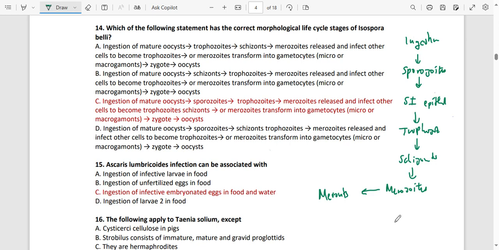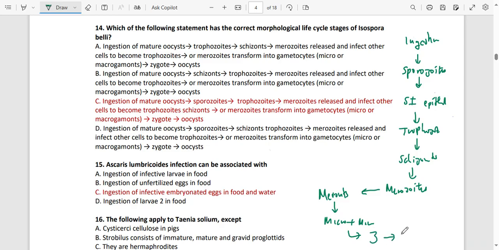So these guys, they form micro and macro gametes. So it will be the micro and macro gametes, and those gametes, micro plus macro, are coming together and forming a zygote.